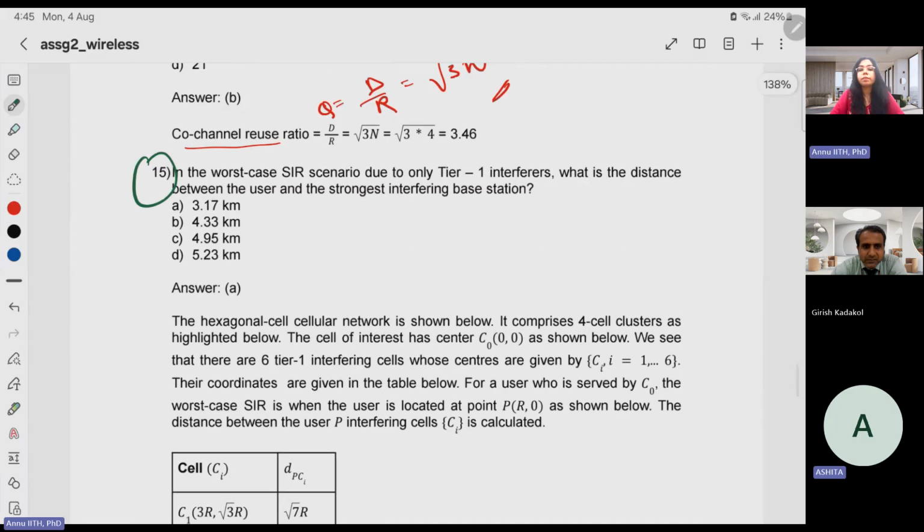Which Polytechnic College? Ma'am, in Nashik, Maharashtra. That's great. How long have you been working? Last 10 years. Wow, that's great to know. Hi, Girish. Hello, I am Girish Kadukol. I have also worked in a Polytechnic earlier.